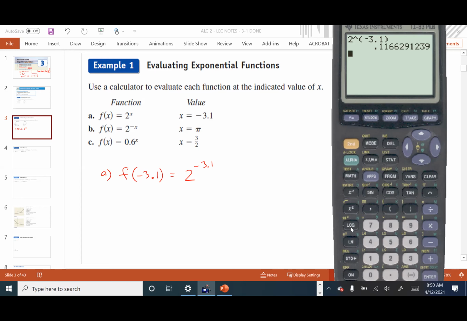It's negative 3.1. That gives you just a second here. Voila, awesome, problem solved. Next one.